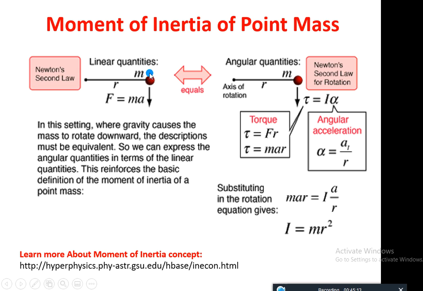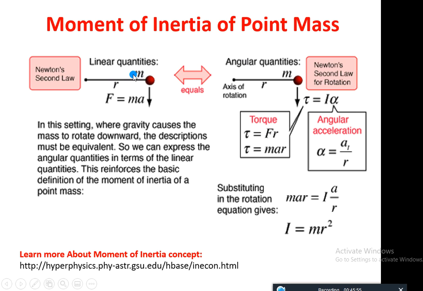If we did not have a point mass, then the inertia of this rod was mr square by 3, where r is the moment arm, that means the length of the beam or rod. But if we have a point mass at the end of the rod, there are two types of quantities here, linear as well as angular.